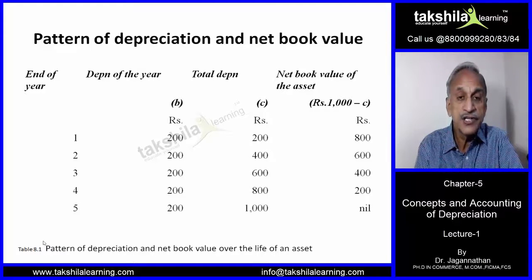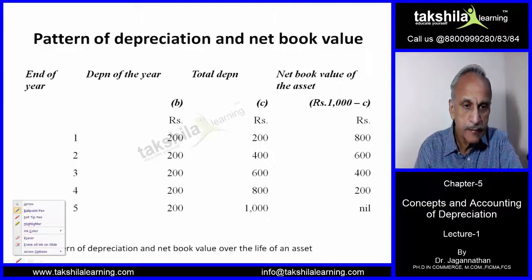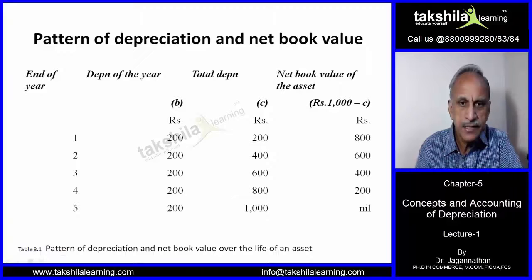Next year's depreciation is 200, accumulated depreciation now increases to 400 rupees. So therefore 1000 minus 400, it becomes 600. Right. So you can get 600 by reducing 200 from 800 also. So you can take this from second year onwards.